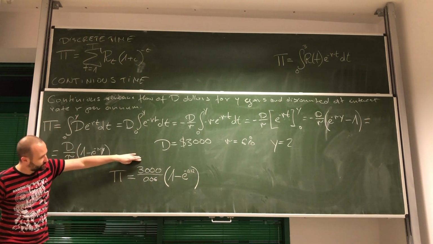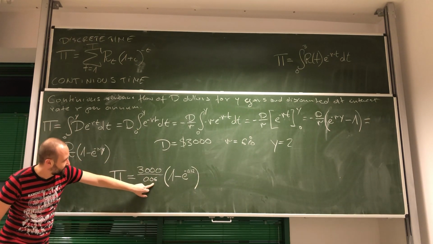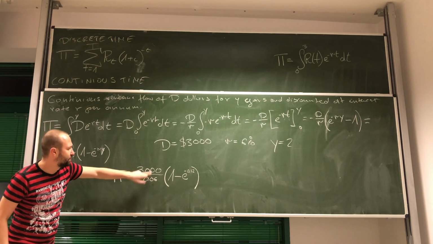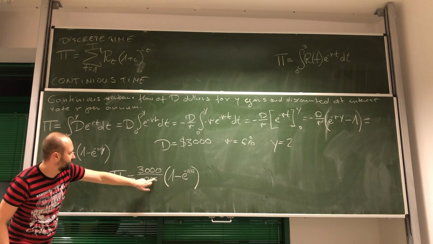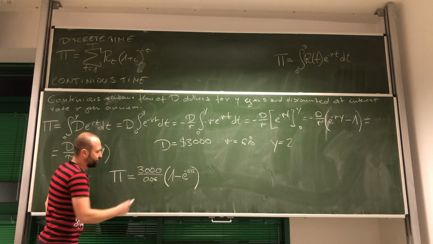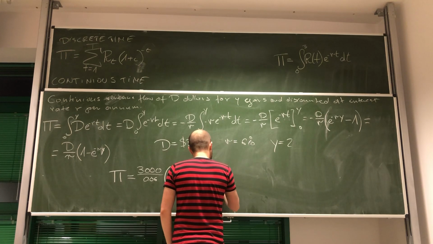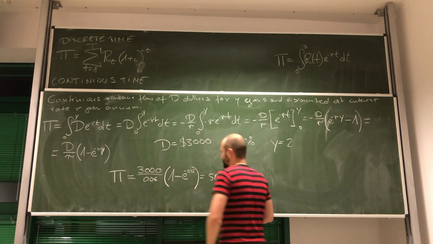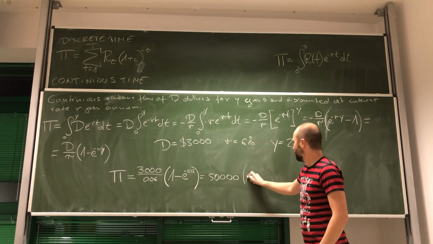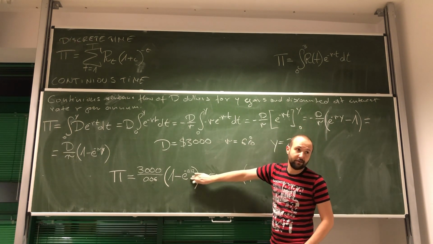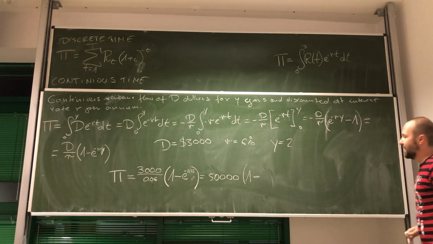Okay, 3,000 divided by 0.06, it might look complicated, but actually this is really easy once you cancel those two out. We will get that this is $50,000. Then we've got just 1 minus. Well, this one we cannot do without the calculator, but I checked it before.